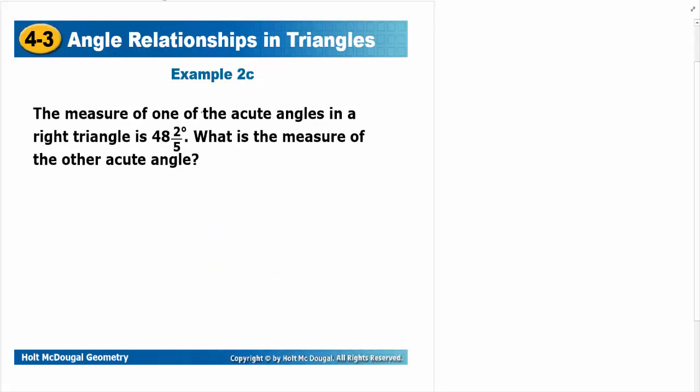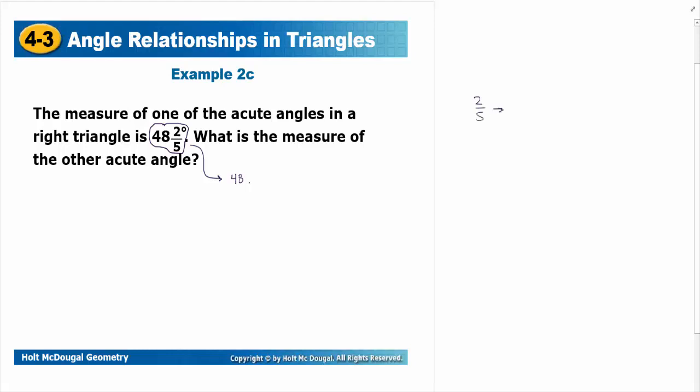All right, next up, the measure of one of the acute angles in a right triangle is now 48 and 2/5. What's the measure of the other? We've been doing this already, two examples in the books. We'll do one more. Here, understand that's 48 and then 2/5.